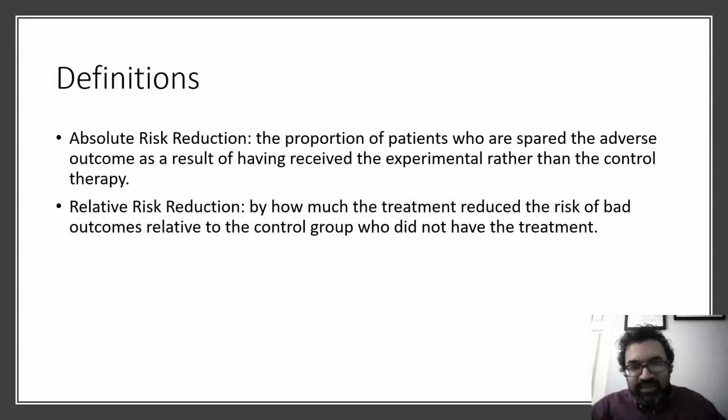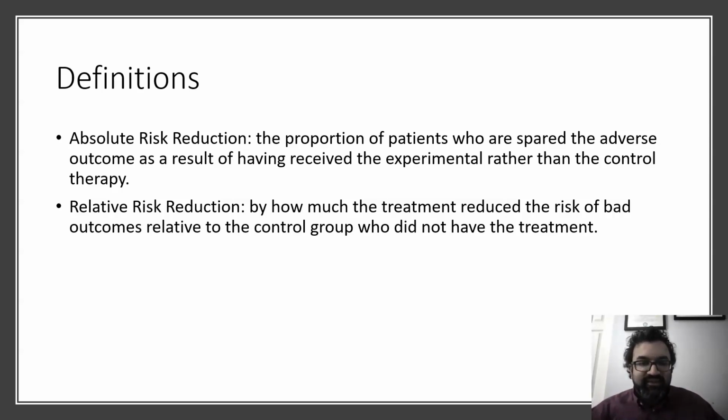So it's the number of patients who are spared the adverse outcome as a result of having received the experimental rather than controlled therapy. So if you're talking about some sort of intervention, it could be even behavior change, maybe some sort of smoking cessation intervention.